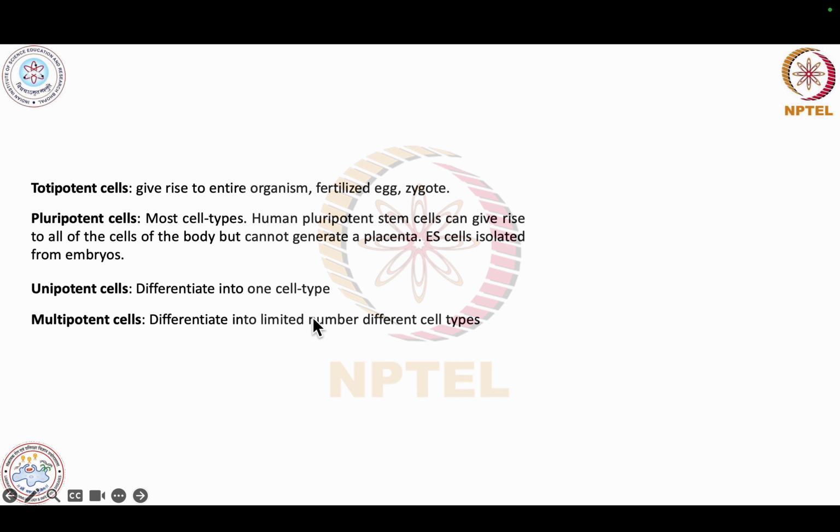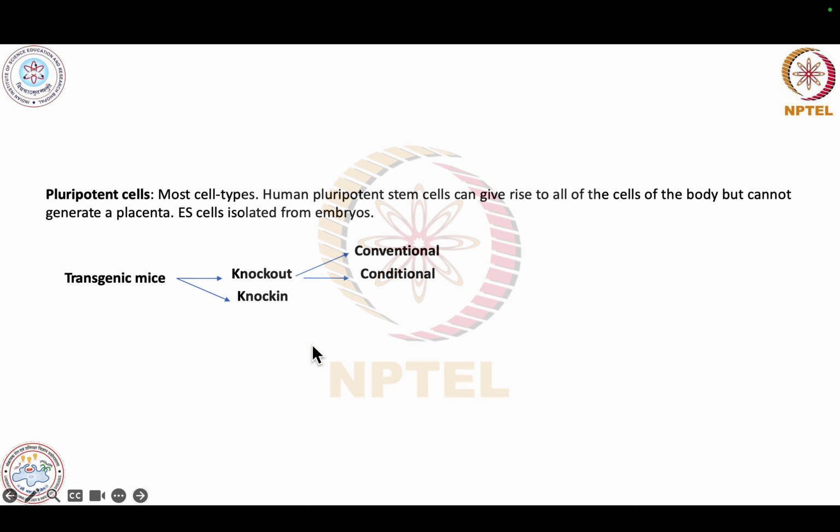Multipotent cells differentiate into a limited number of different cell types. Pluripotent cells: human pluripotent stem cells can give rise to all of the cells of the body but cannot generate a placenta. ES cells are isolated from embryos.